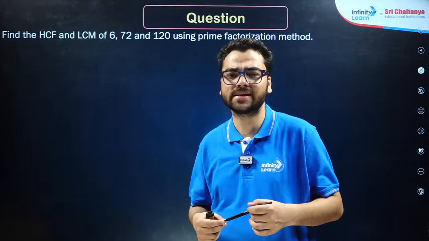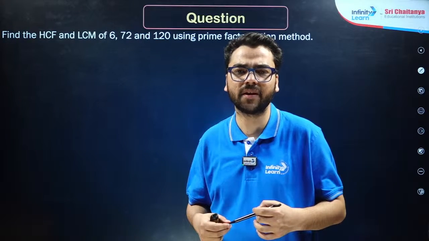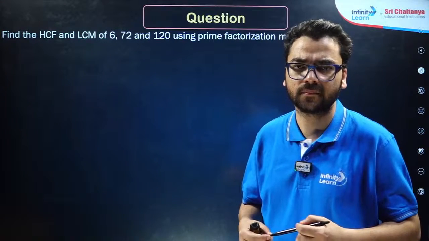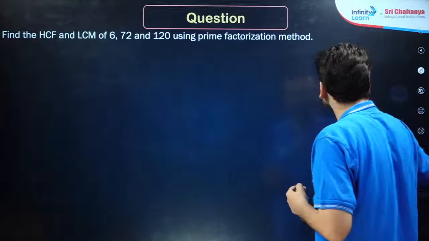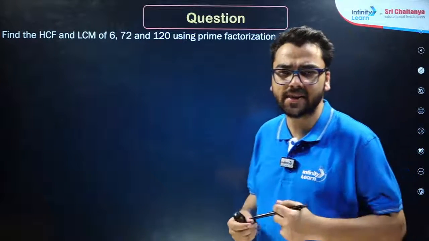So let us do that. For that, we have to prime factorize these numbers first, and then we can find their HCF and LCM.